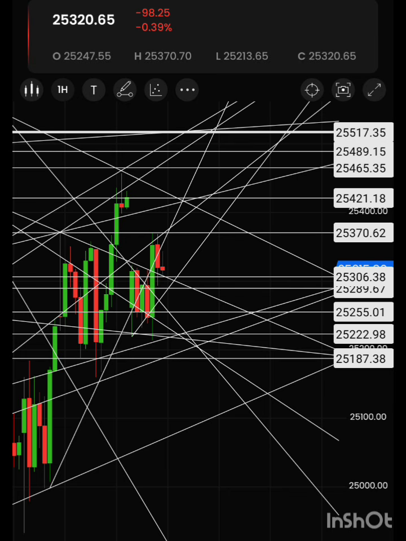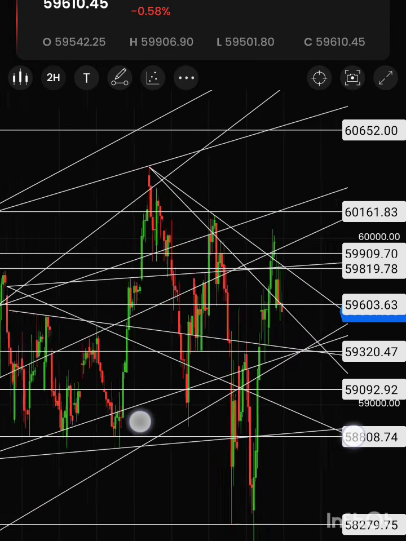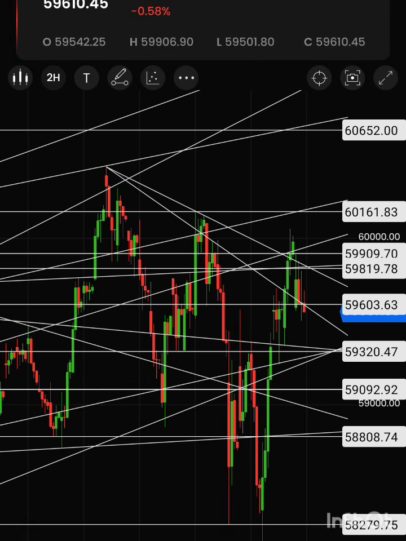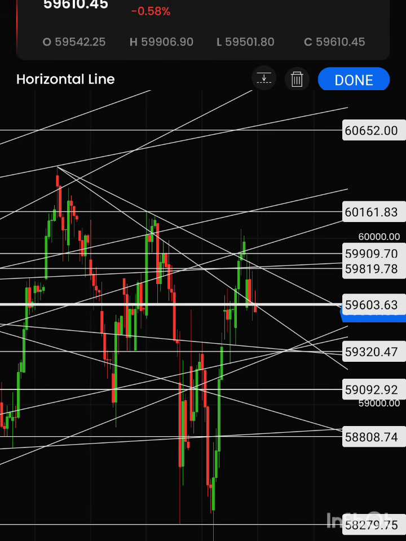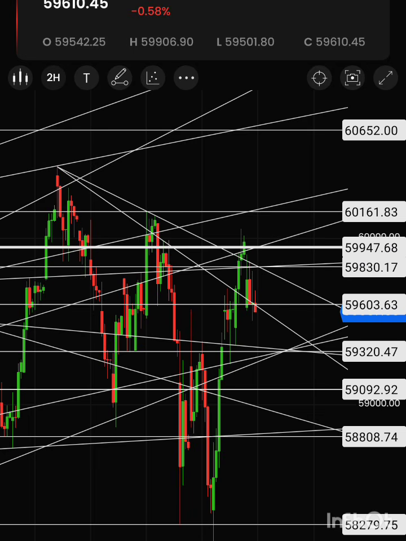Now let's check Bank Nifty. This is the Bank Nifty chart, and we are slightly not in a good position here, but the closing is in the 59,600 range, so that's also a good sign. But we will have a positive movement only once we cross above the 59,840 range.